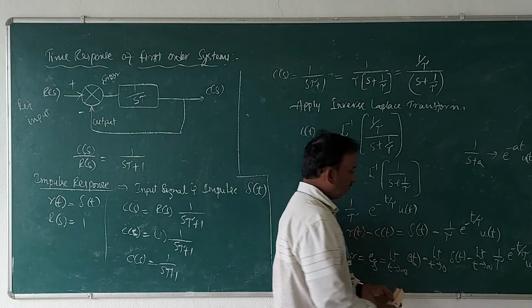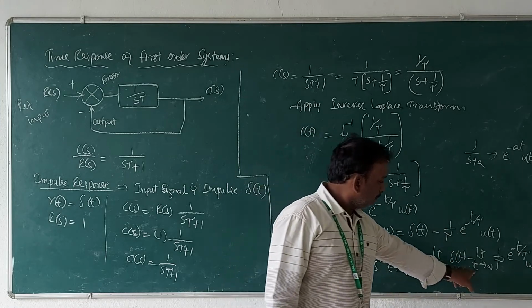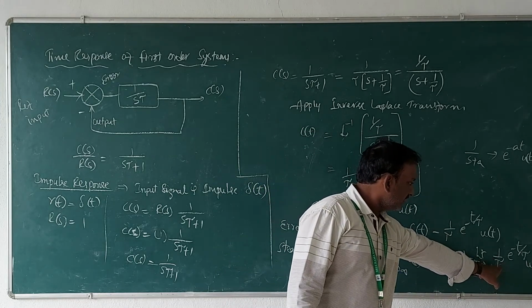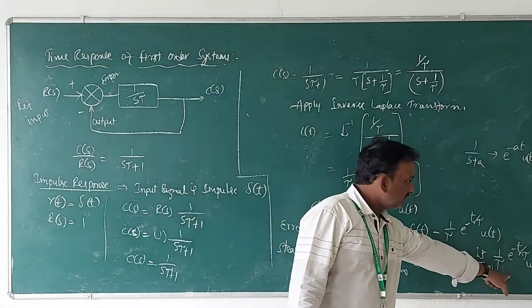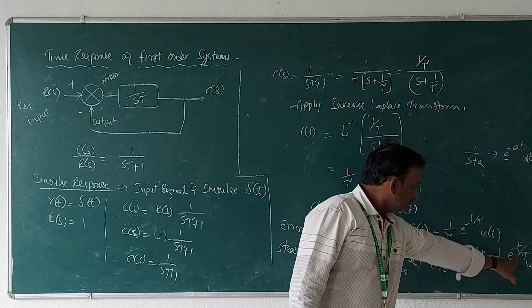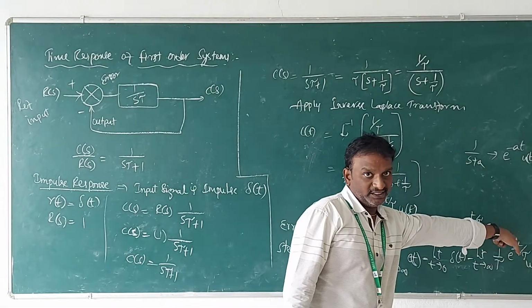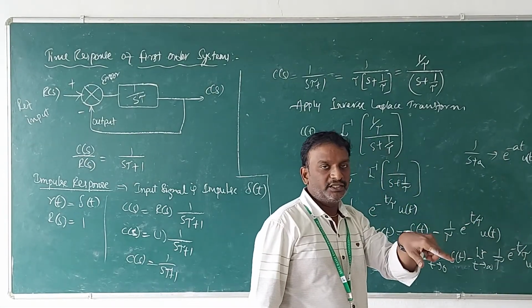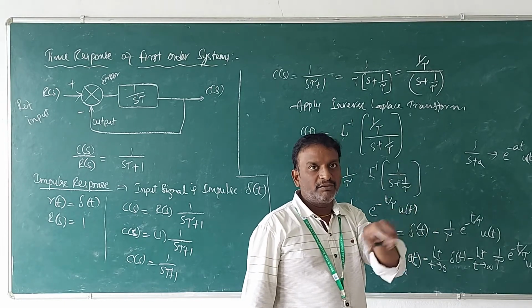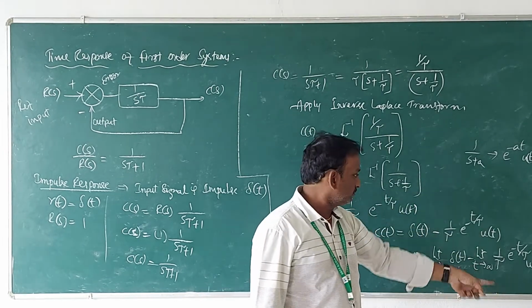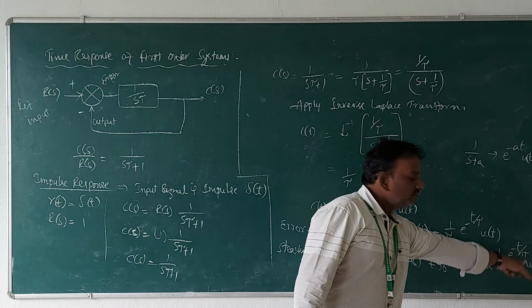No doubt, if I put t value as infinity here, I get 0. Why? Because t is in e power minus infinity, 1 by e power infinity, which means 1 by infinity, which means 0. So this entire value becomes 0.